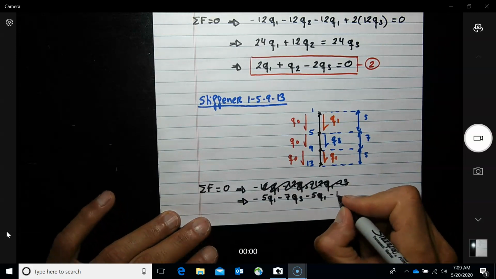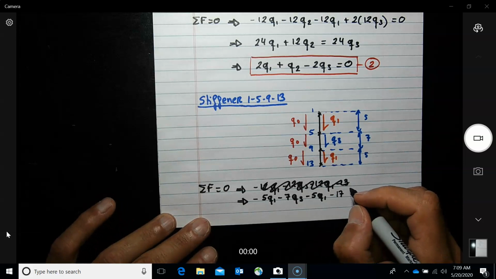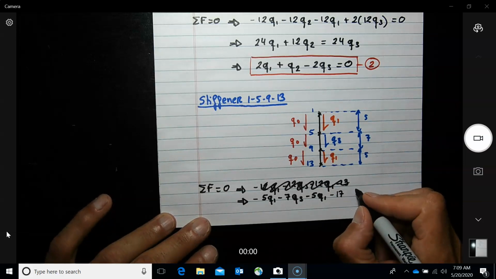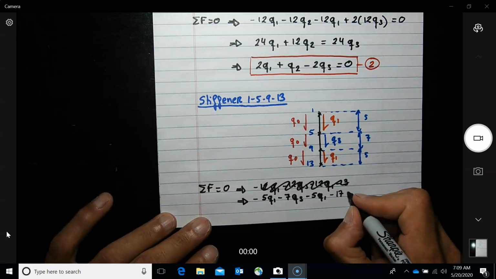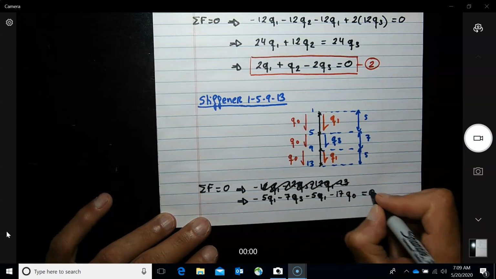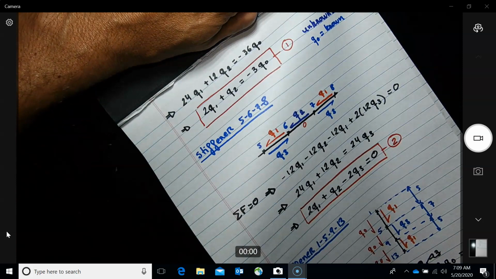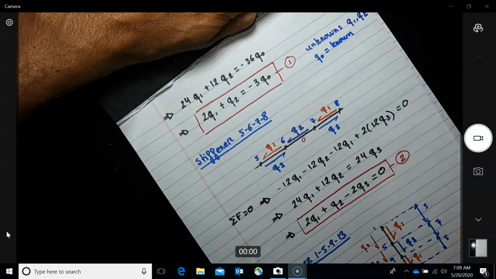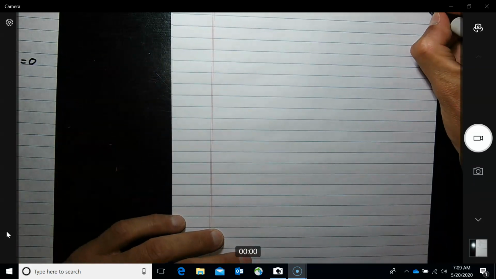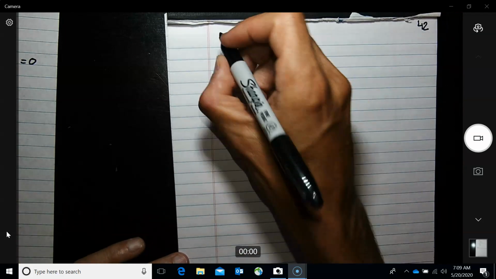Would be minus 17 q sub naught equal to 0. Okay. So from here we're going to get the equation.